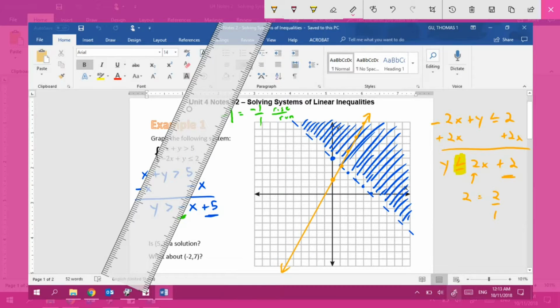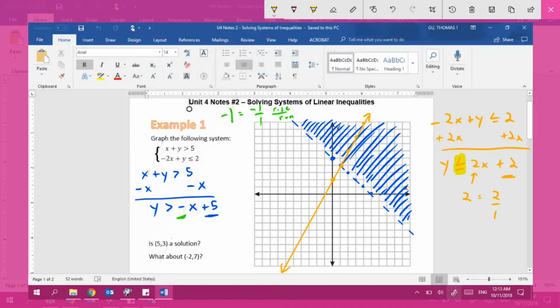And then let's see which side we have to shade. This one says y is less than, which means below the line. Below I can see is going to be this side of the line. Okay, so now I'm going to shade it in this opposite direction like this. And there we have it.